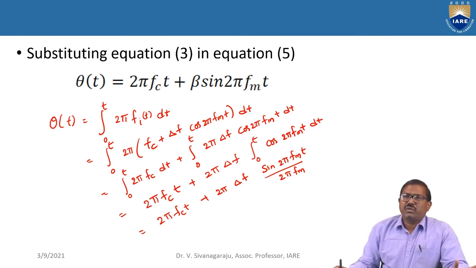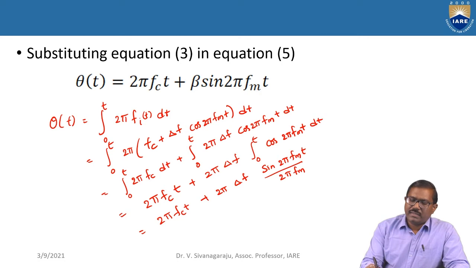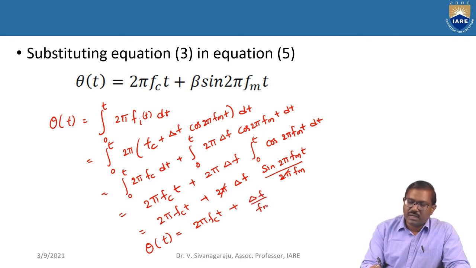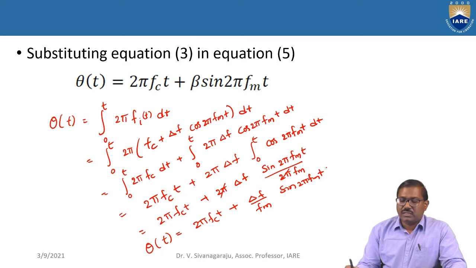At 0 we get sine 0 is 0, so we have only the upper limit. And this 2 pi is going to cancel. Finally, theta of t is equal to 2 pi Fc t plus delta f divided by Fm sine 2 pi Fm t.